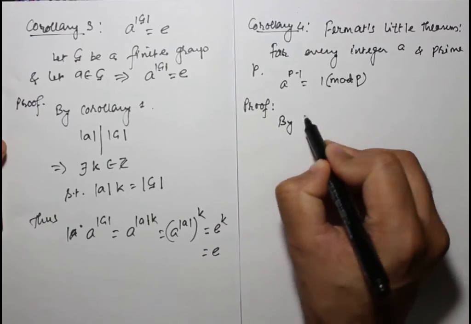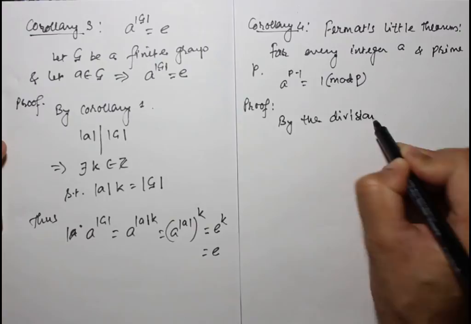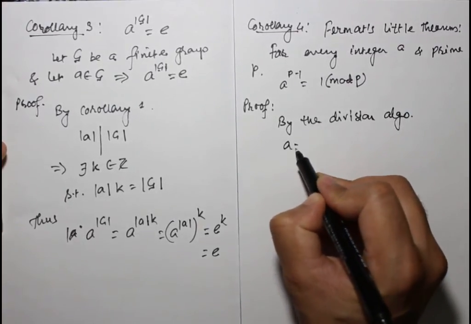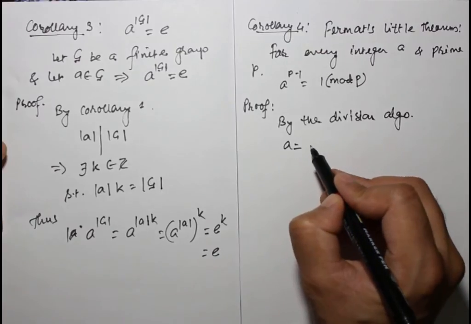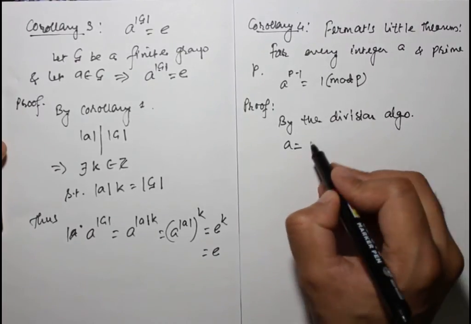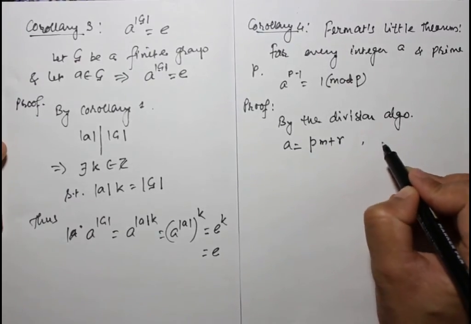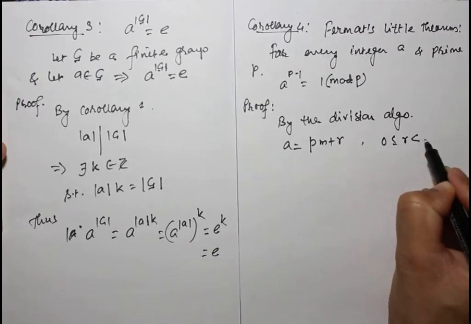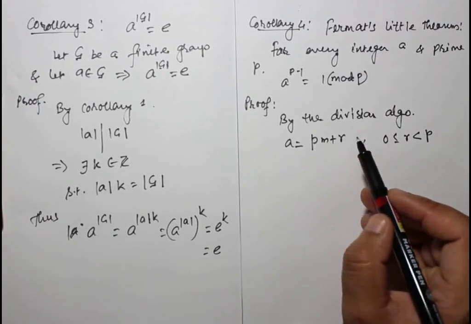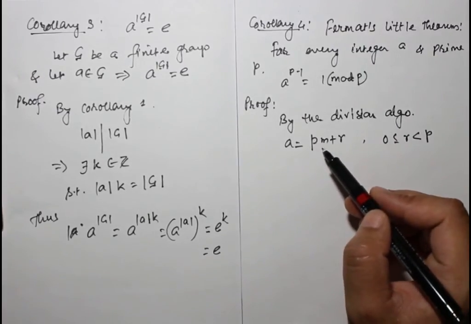So by the division algorithm, a equals to Pm plus r with r less than P. We apply division algorithm for P and a.